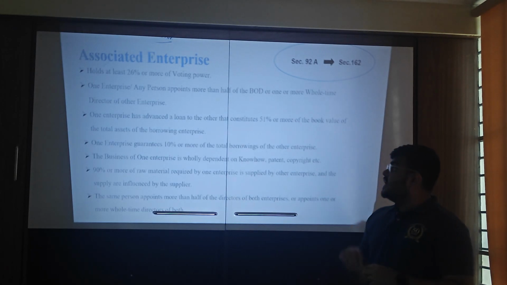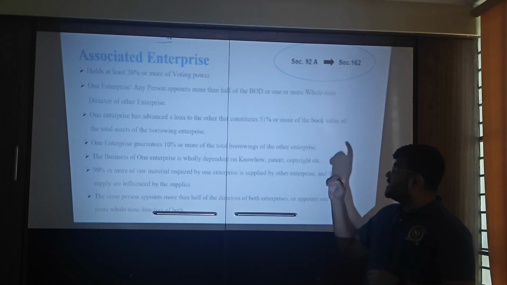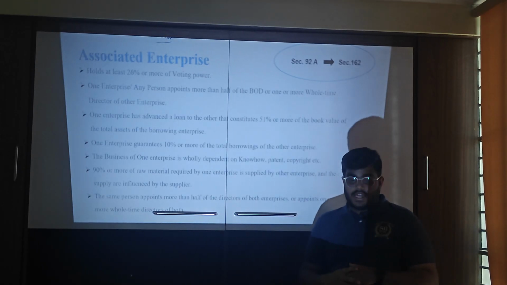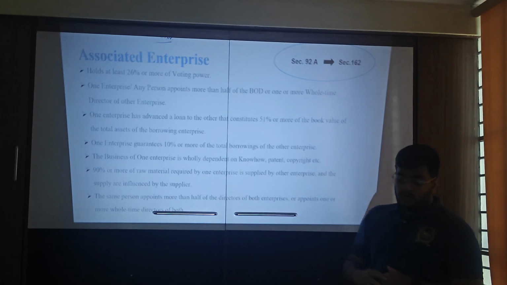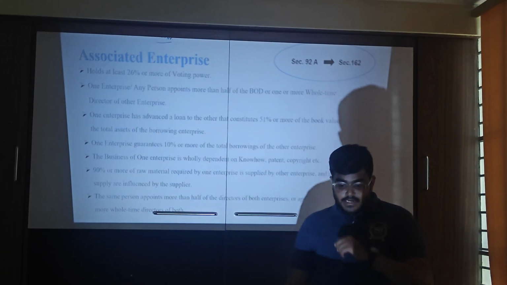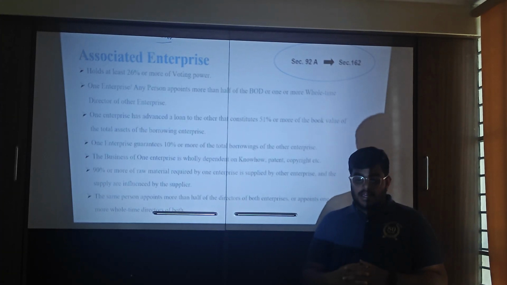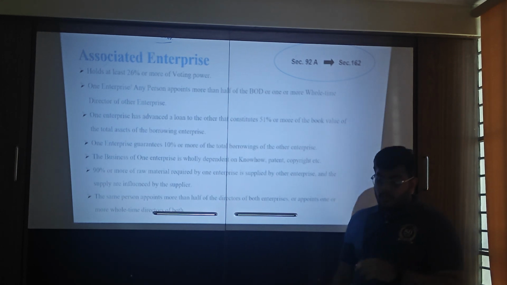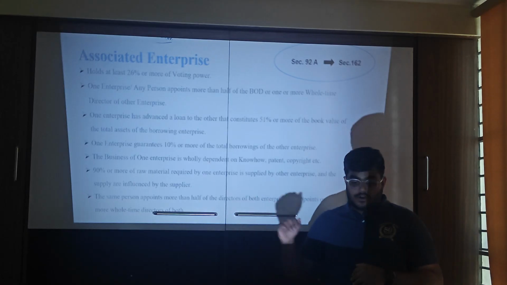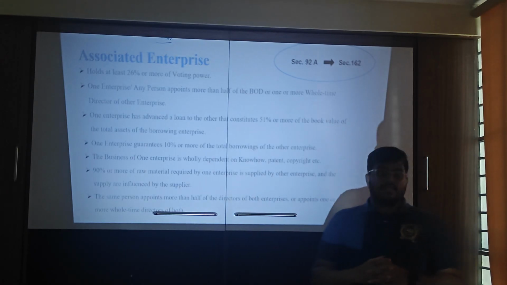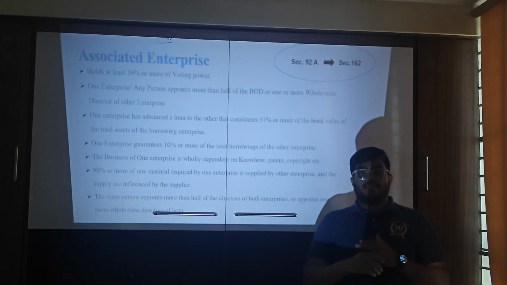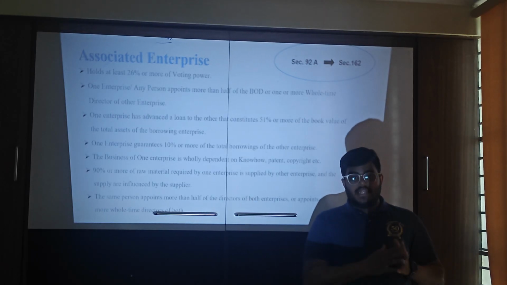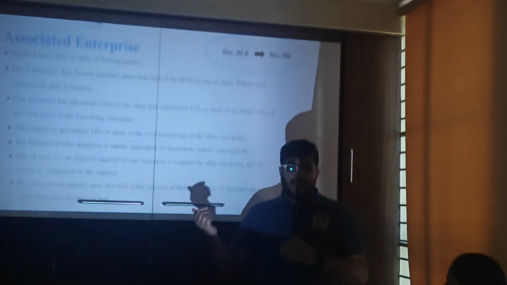The next condition is that if any one enterprise appoints more than half of the board of directors or any one of the full-time directors, then it will be termed an associated enterprise. Similarly, if one enterprise has advanced a loan of 51% or more of the book value of fixed assets of the borrowing enterprise. For example, suppose A Limited has given 60 crores to B Limited.